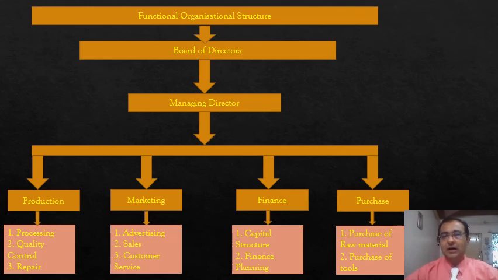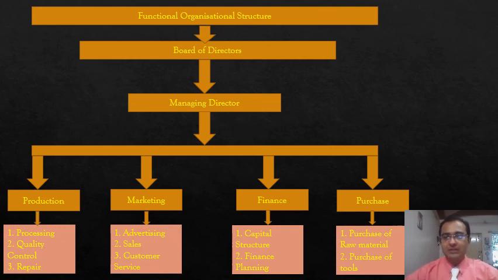This is how the functional organizational structure will be created, and on the basis of the size and nature of the organization, more or fewer departments would be created to manage the organization efficiently and effectively. If it requires, it can be further subdivided into other departments also.